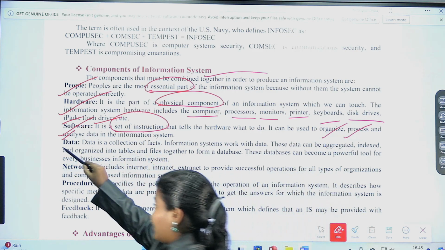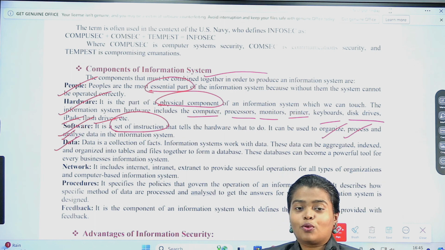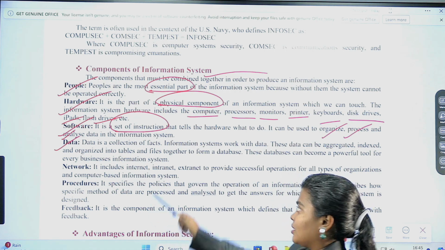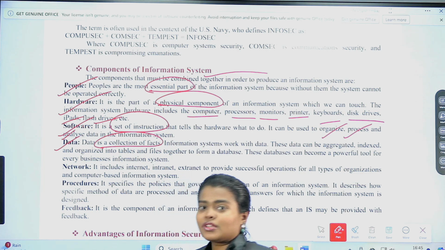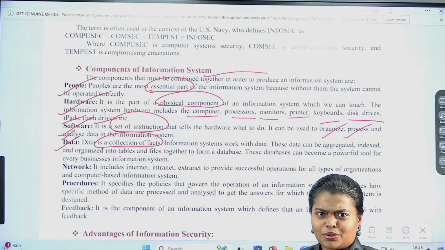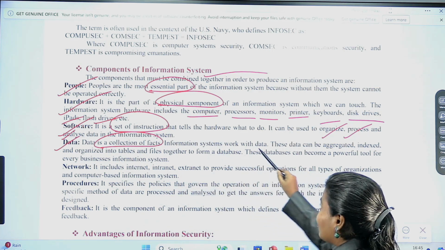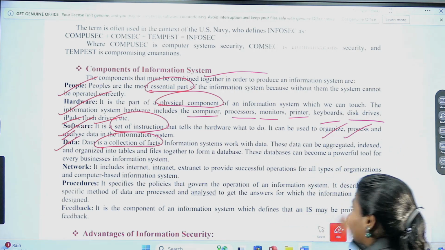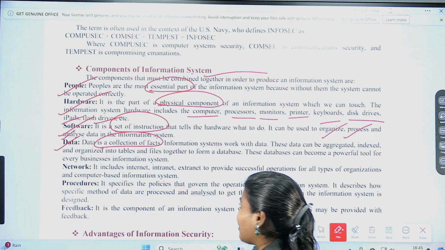The next one is data. A very important part. If there is no data, there is no meaning to anything. So what is data? Data is a collection of facts, facts and figures, or numbers. All together we call it data. Information systems work with data. This data can be aggregated, indexed and organized into tables and files.